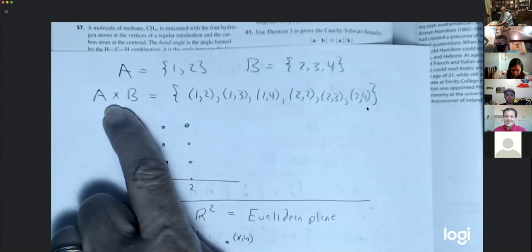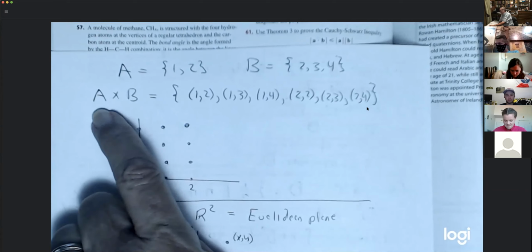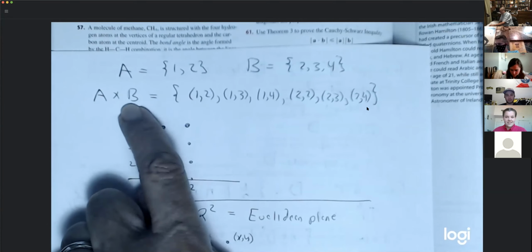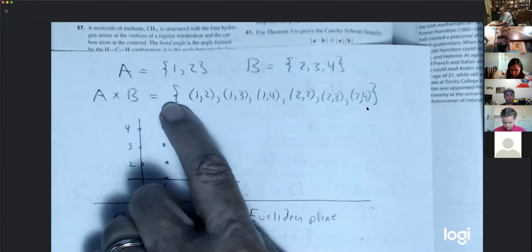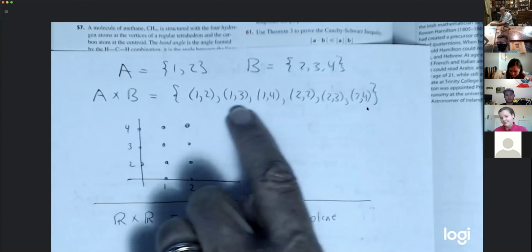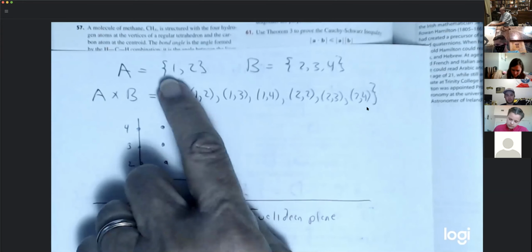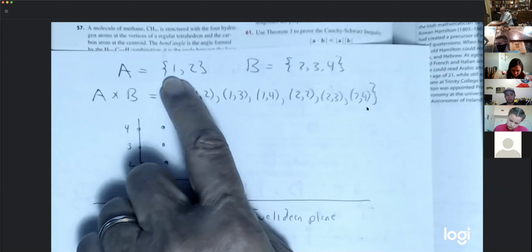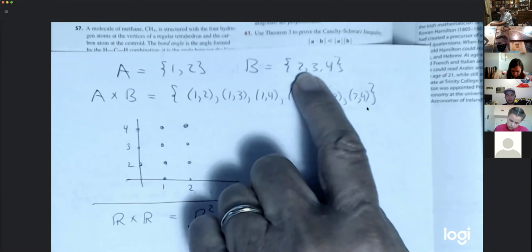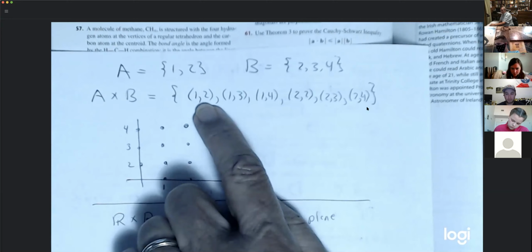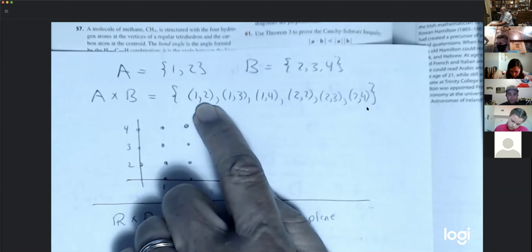Cartesian comes from the name Descartes. The Cartesian product of A with B is the set of all pairs that you get, ordered pairs, where you take one element from the first set and one element from the second set and pair them up. All possible ways to do this is what the Cartesian product is.